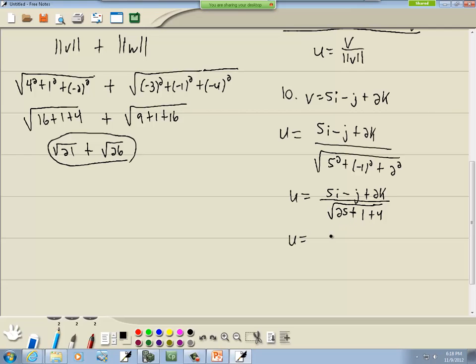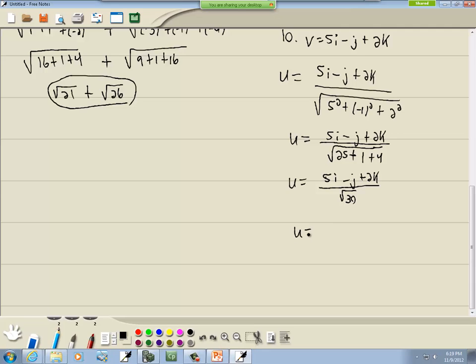Well, that's 30. And 30 is 2 times 15. 15 is 3 times 5, so I can't simplify the radical any. So we'll have 5i minus j plus 2k over the square root of 30.